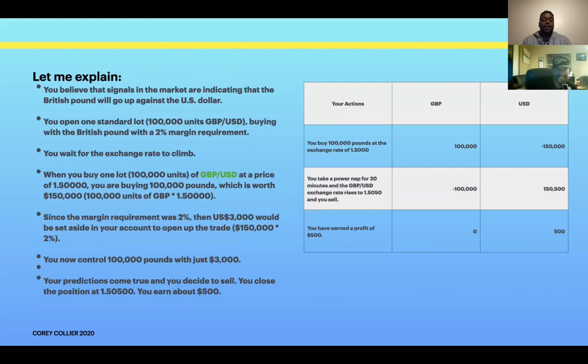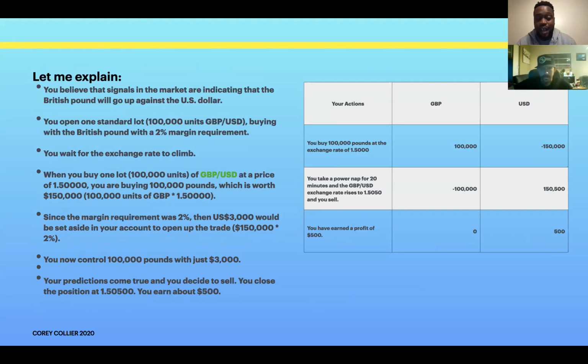So let me explain again, lot sizes and leverage. Let's say you believe that the signals in the market are indicating that the British pound will go up against the dollar. So you open one standard, or you buy 100,000 units of the British pound with a 2% margin requirement. So you're using 50-to-1 leverage. You wait for the exchange rate to climb.